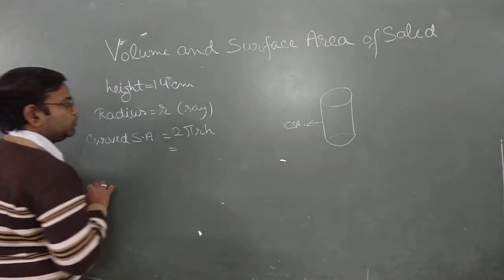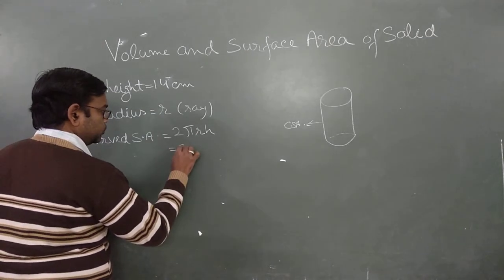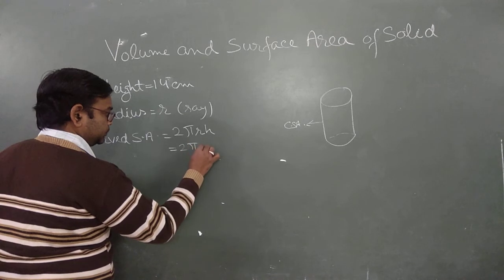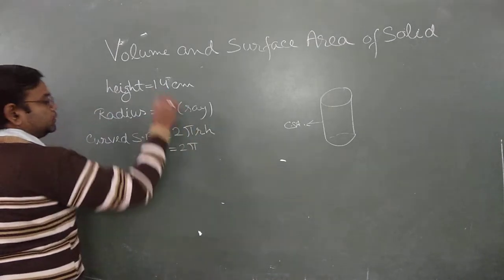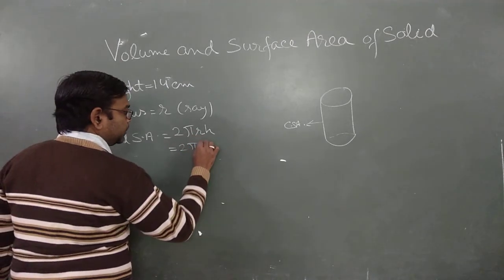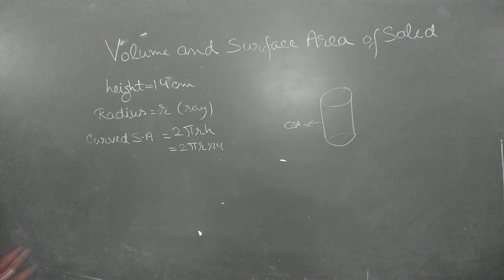If we place the value of h, what is the value? It's 2 pi r into 14, as h is 14. Leave as it is, need not solve more.